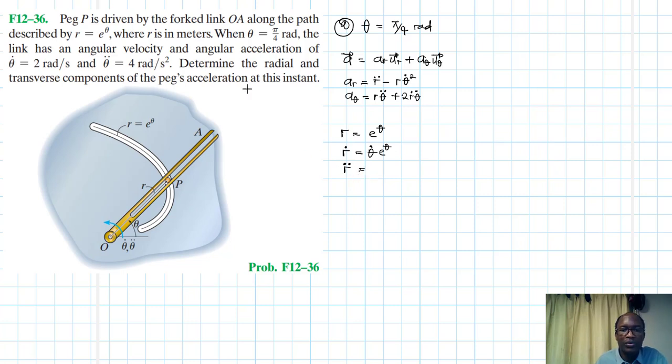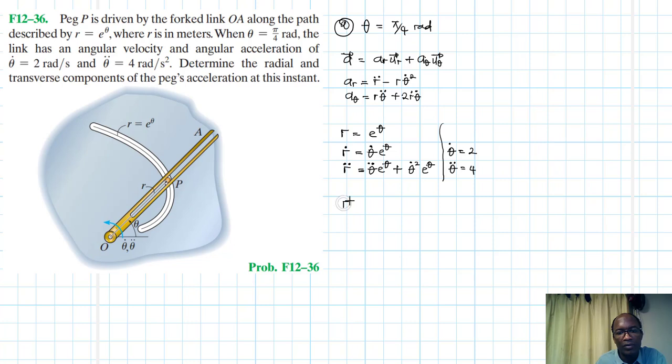Then for r double dot we use the product rule and the power rule, so this becomes theta double dot e to the power theta plus theta dot squared e to the power theta. Then we already know theta dot is given as 2, and theta double dot is equal to 4.